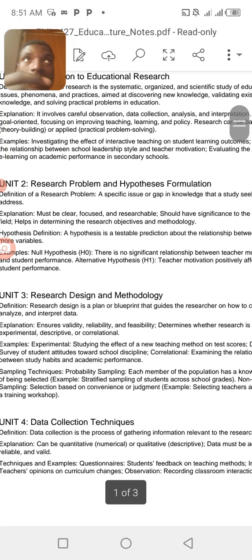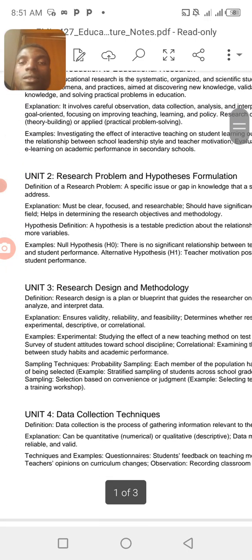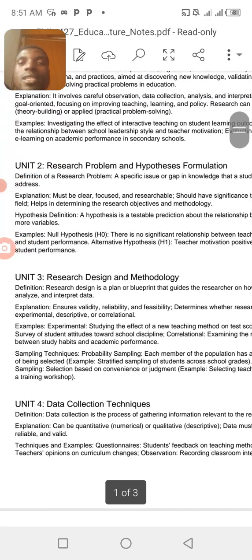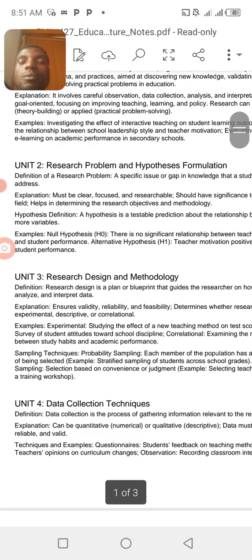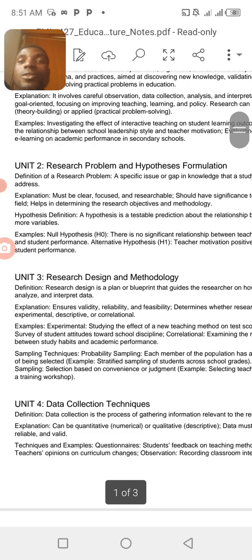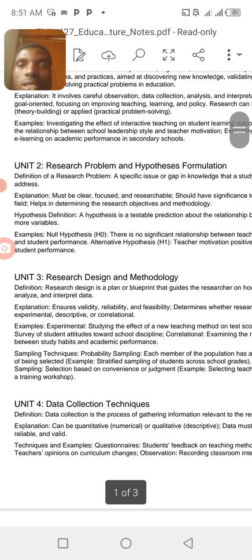So research can be into what we call basic, that is theory building. You just build it based on theory, and also we have the practical problem solving, which is what we call applied research.